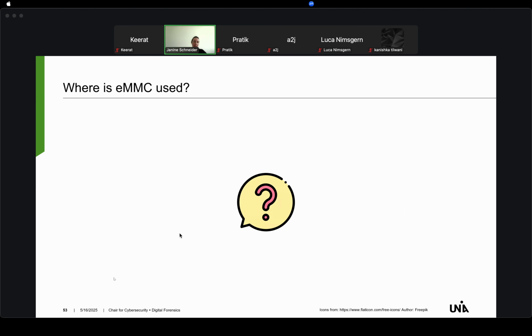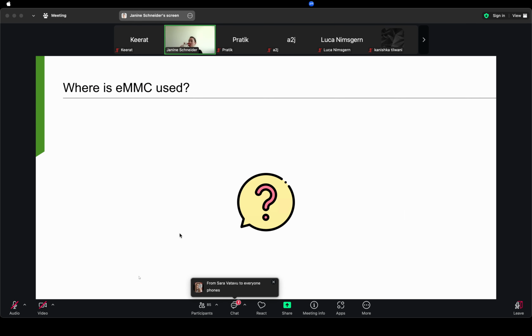So we know that NAND flash chips are in SSDs and, for example, bigger SD cards and in USB sticks. But do you know where eMMC is used? Do you have any idea? Phones. What else? Micro SD, yeah. What else?